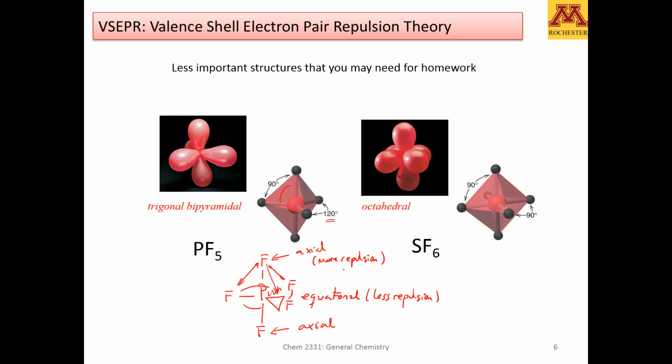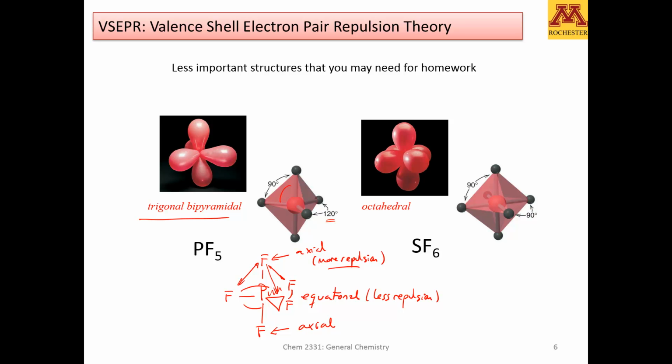So it's closer to have three neighbors at 90 degrees than to have, like in equatorial position, two neighbors at 90 degrees and two at 120. So it's important because in the trigonal bipyramidal structure, the 5 surrounding atoms are not in equivalent positions. That's the only case of the 5 cases that we have talked about.